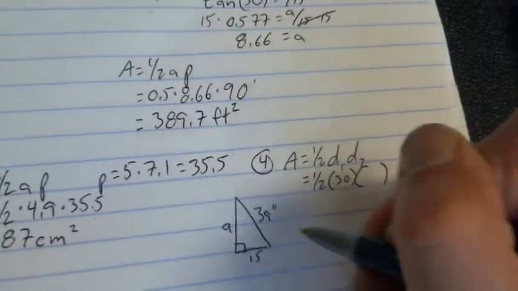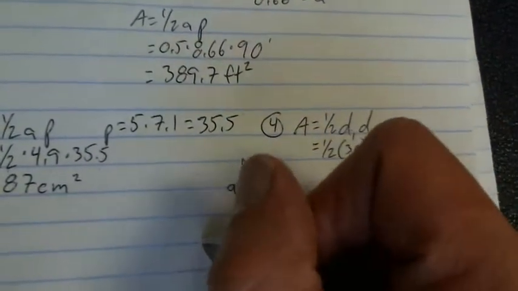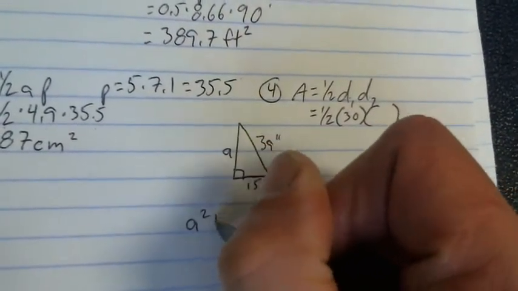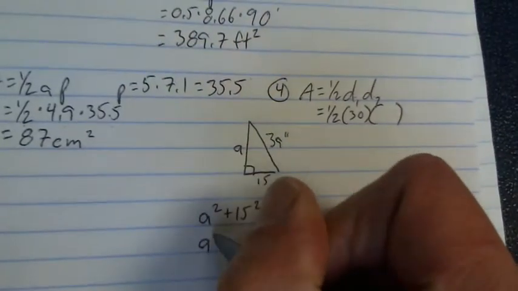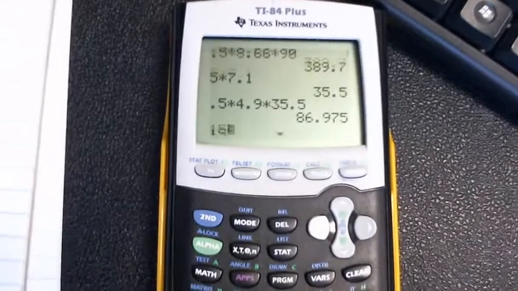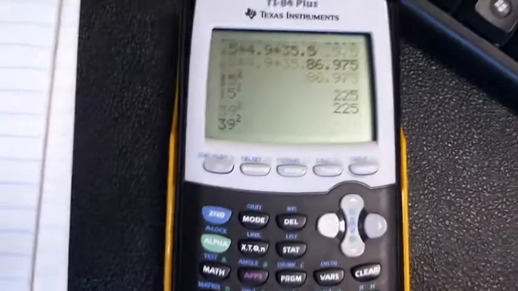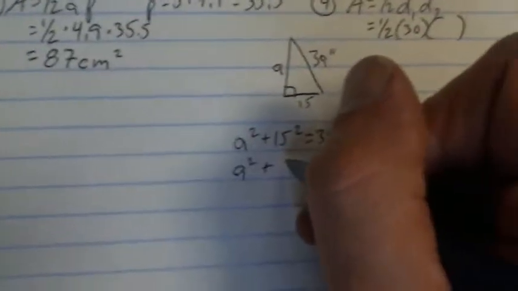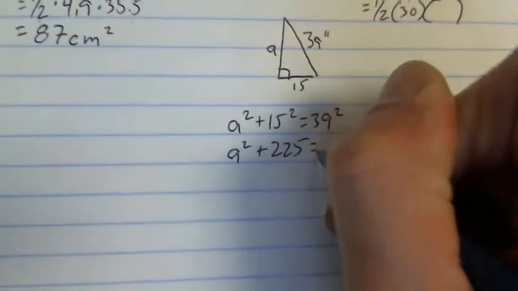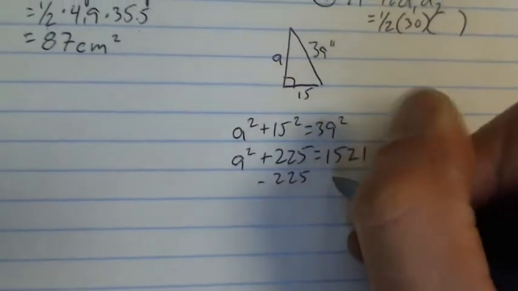We would really like to know that A. But Pythagorean theorem, A squared plus 15 squared equals 39 squared. 15 squared is 225, and 39 squared is 1521. Subtract 225 from both sides to isolate the variable.